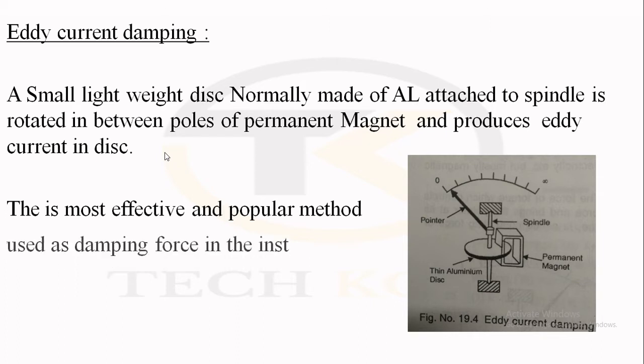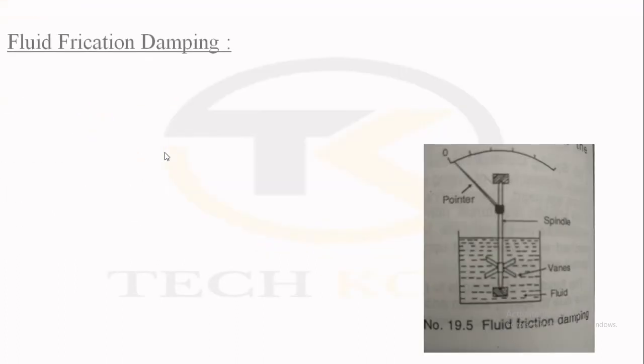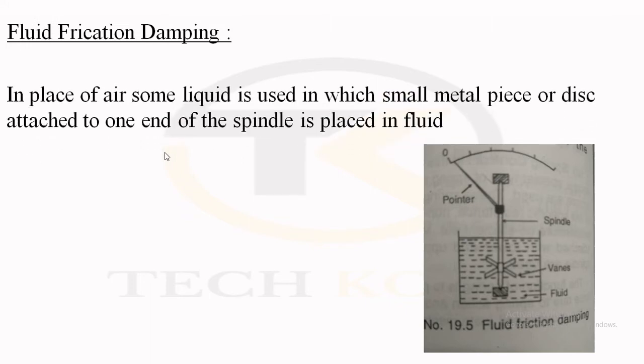The next one is fluid friction damping. In this, some liquid is used in the place of air. A metal piece or disc is attached to one end of the spindle, which is placed in the fluid.